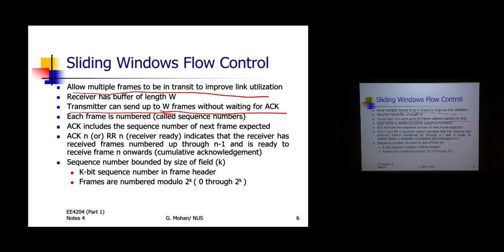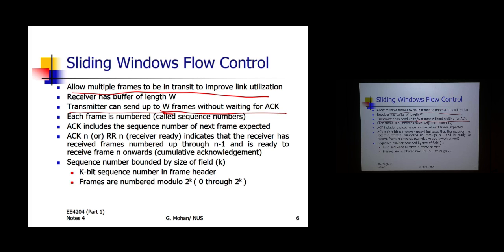In the earlier case, stop and wait, this W is 1. The sender is permitted to transmit only 1 frame, and then it cannot proceed until it gets an acknowledgement. Now it can send up to W frames. Only after W frame transmissions, if it doesn't receive an acknowledgement, it will be forced to wait.